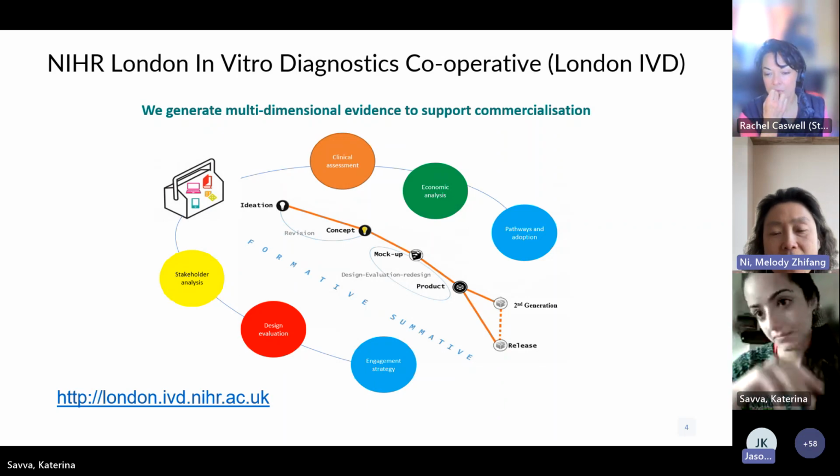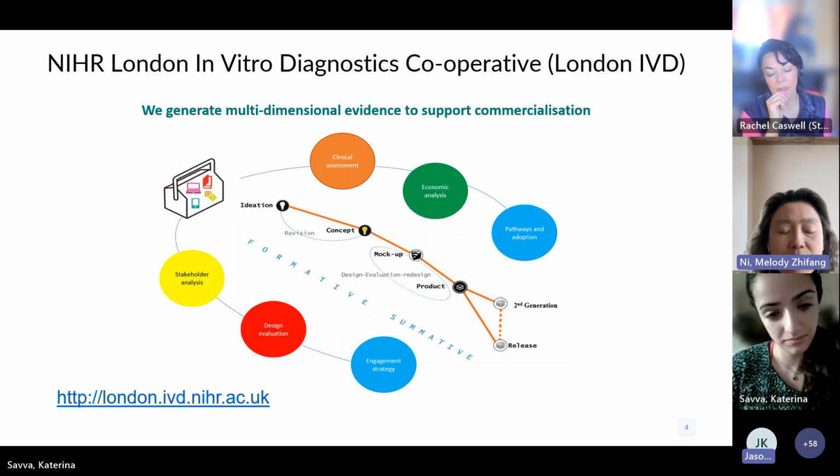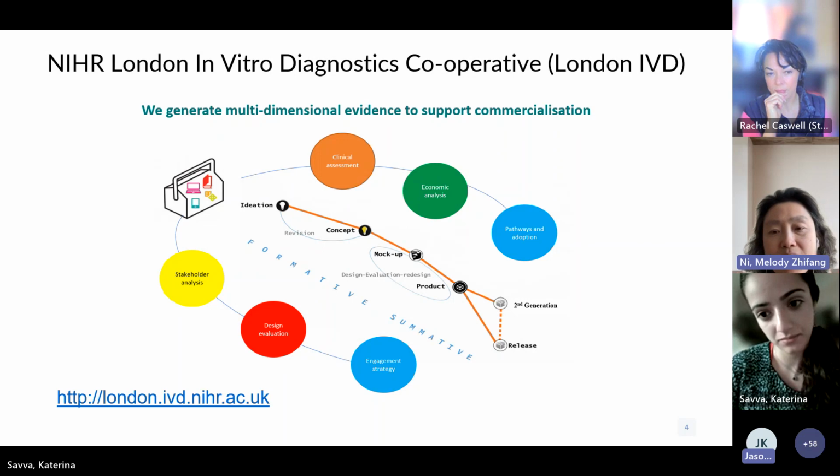And so we use the multi-dimensional evidence to work with innovators and healthcare systems to support commercialization and to make sure that the evidence is used objectively and appropriately.